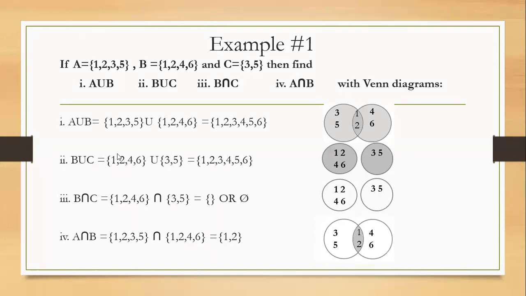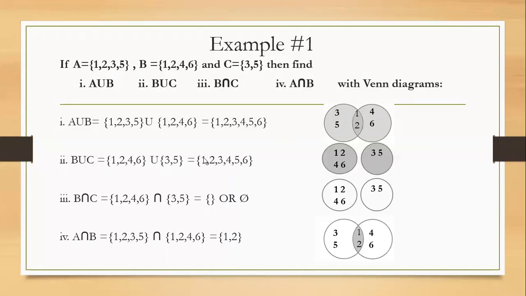Here you can see that B and C are two disjoint sets. Why? Because nothing is common between B and C. So we have to draw the Venn diagram like this, two circles separately. One circle contains 1, 2, 4, 6 and another one contains 3, 5.